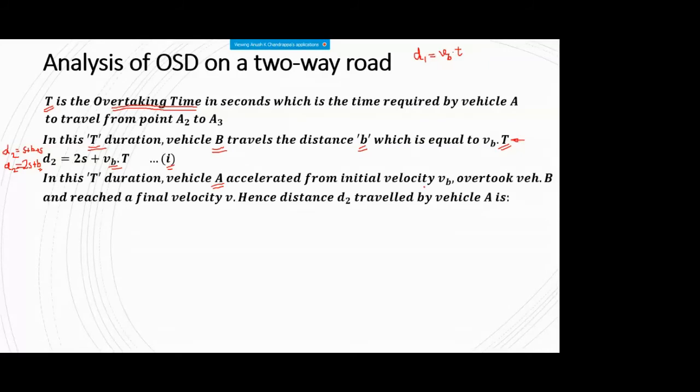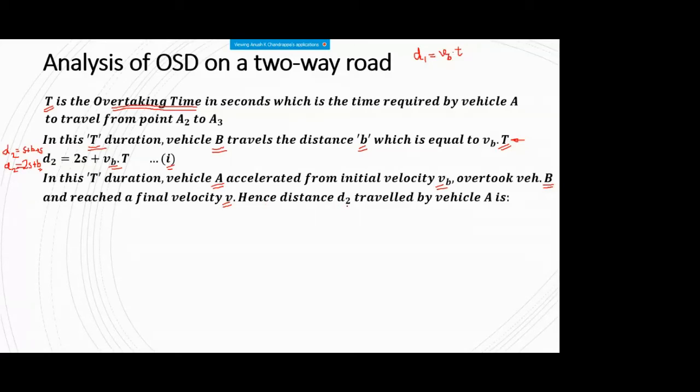We have considered that at the A2 location, the velocity of vehicle A is VB. So it will accelerate from this initial velocity, overtake vehicle B, and then reach the A3 location with the final velocity again small v, or the design speed.